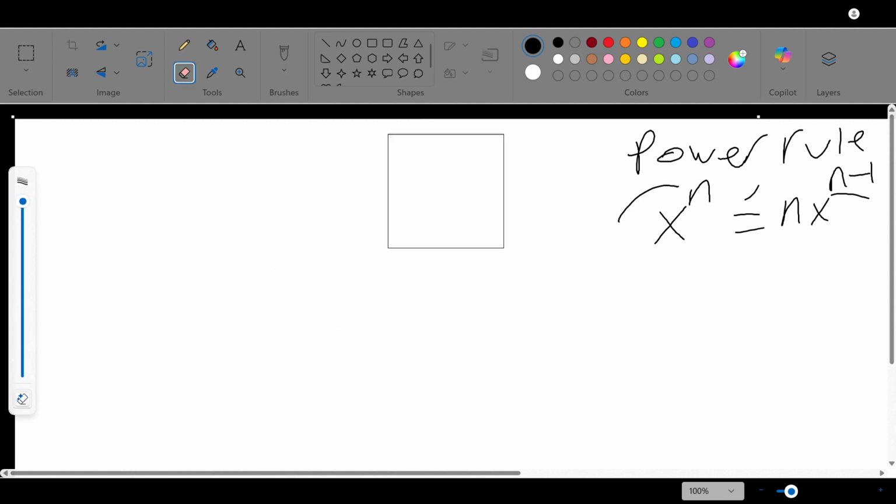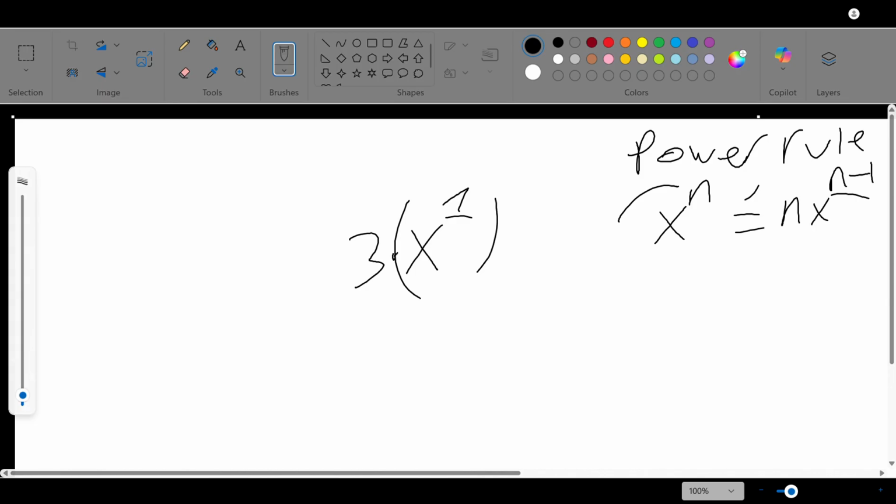Now this does not apply when that constant is multiplying with a variable. The variable is going to turn into the derivative, so it's going to be 3. That's going to be the derivative because it's multiplying with the constant.